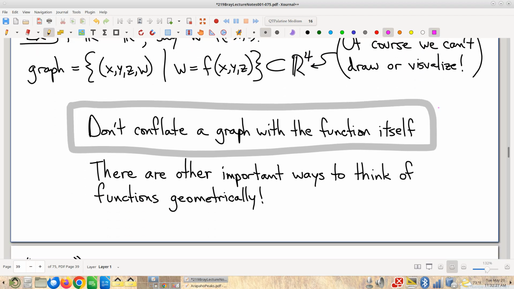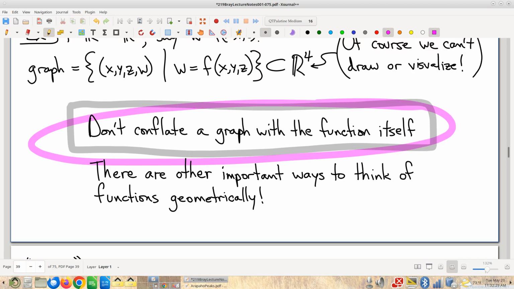I've already talked about this a little bit, but we got to be very careful with the terminology. So again, in single variable calculus classes, very often people will point to a picture and say, okay, let's talk about that function right there. In general, people will conflate the terms picture and graph. That's going to be a problem. We're going to draw lots of pictures that are not graphs, that are importantly not this construction.